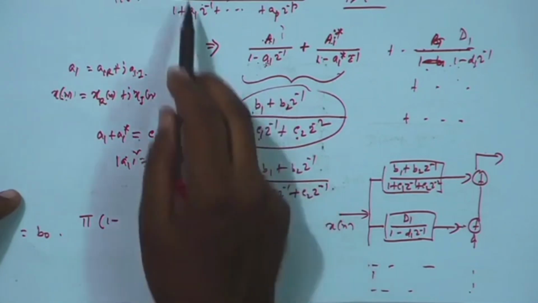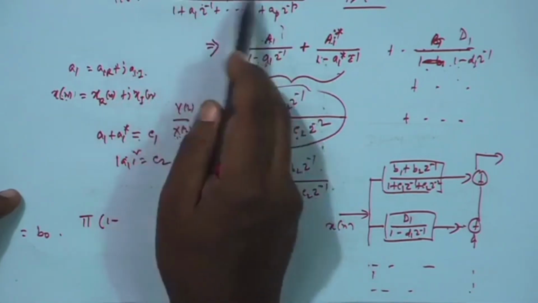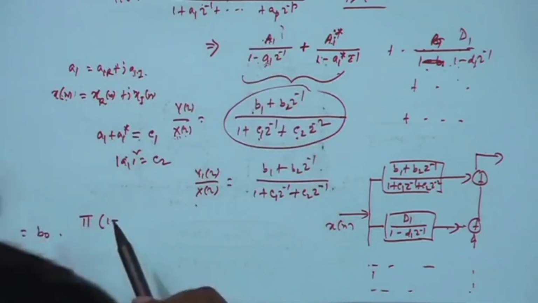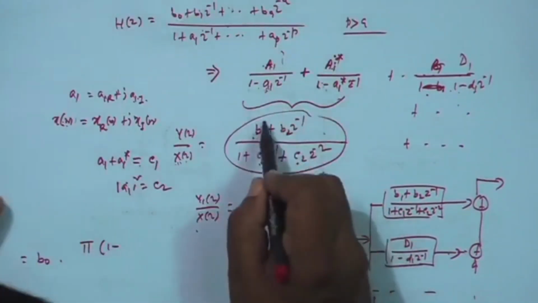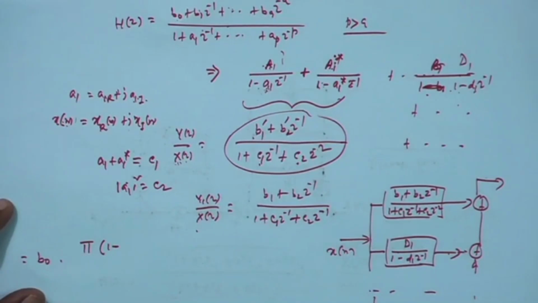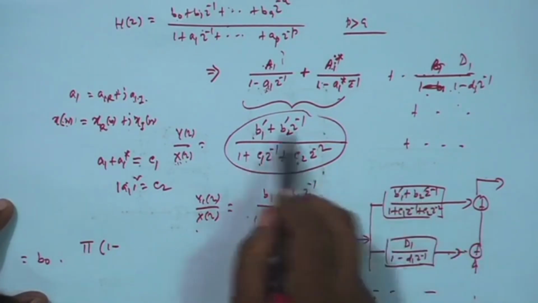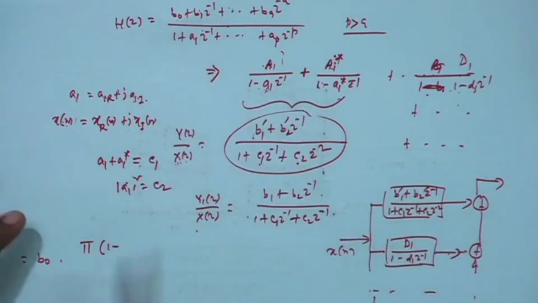this B1 B2 is not the same, I should have told, we should not confuse it with the B1 B2 here. If you want you can make it B1 prime B2 prime, because they are defined from this original B0 B1.